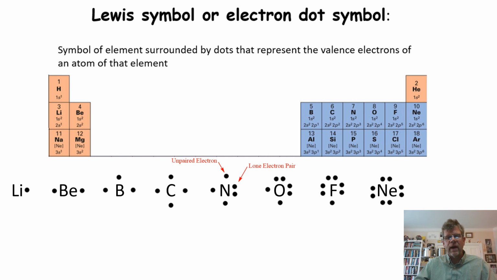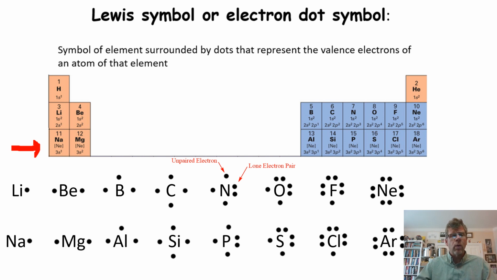The next row starts with sodium, the third row, but as we move across the periodic table in this row, we would find that the electron dot structure is exactly the same. It is identical. So if we took out all of the chemical symbols of our electron dot structures up top and replaced them with the ones just below them, look at what we have here.